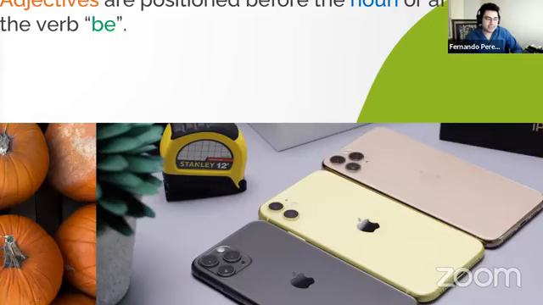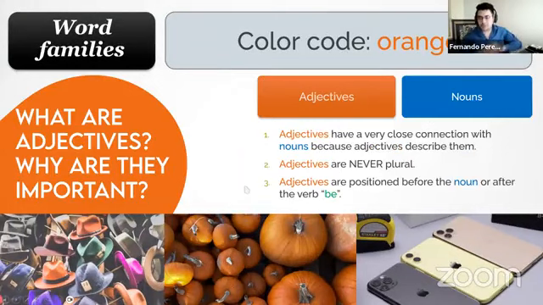Adjectives are descriptions, and it's very easy to describe the words beautiful, favorite, black, yellow, big, strong, etc. But we need to consider that there are other types of adjectives. Let me show you all the words that we are going to consider as adjectives.